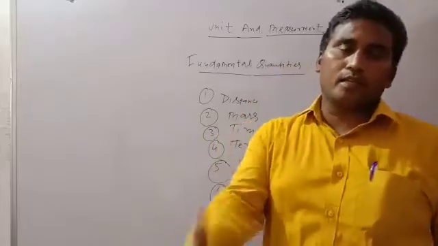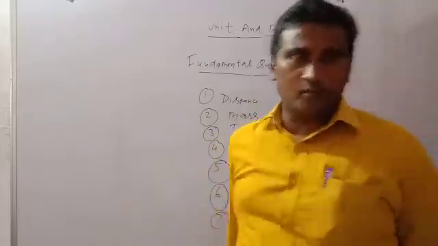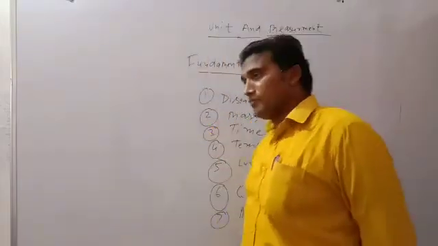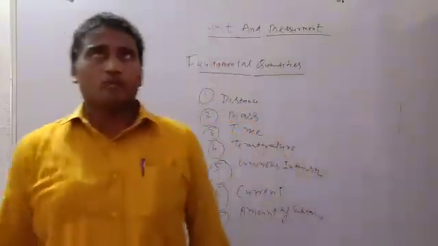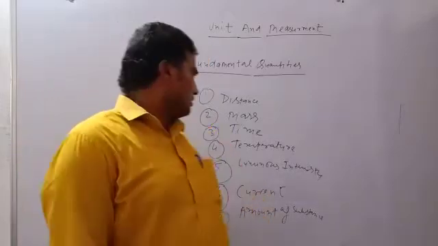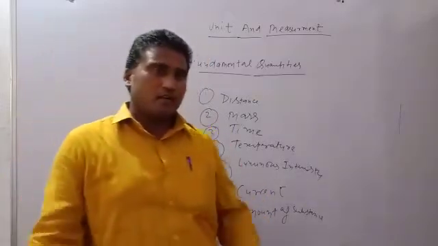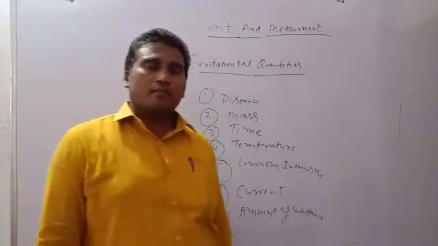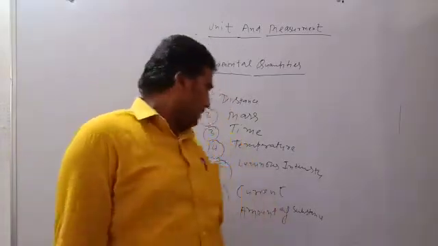Distance: we know what the distance is. A line joining two points is known as the distance. Second is mass. Mass is the actual magnitude of any object. Time is the period of work done. Temperature, the warmth and coolness sensitivity of a body, is known as the temperature.